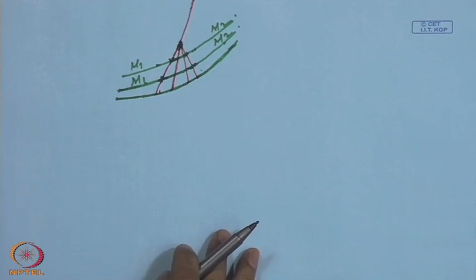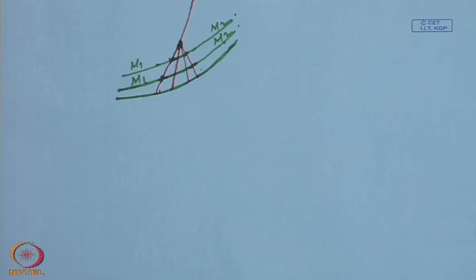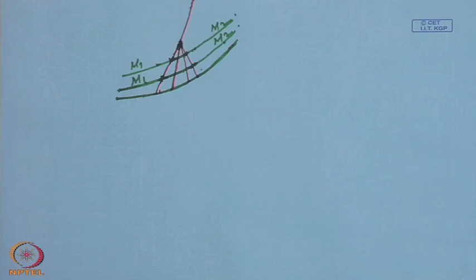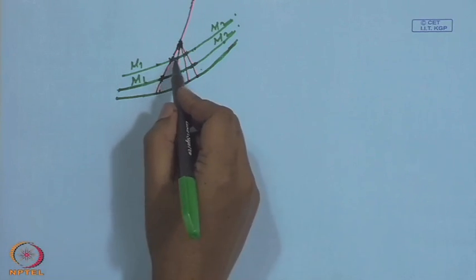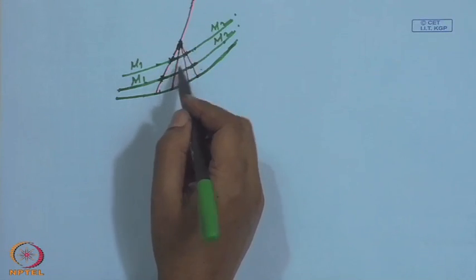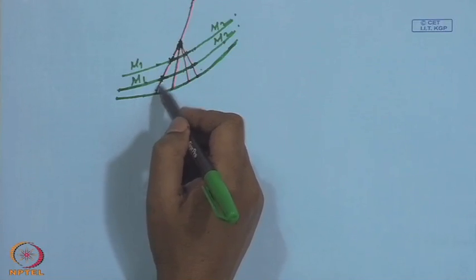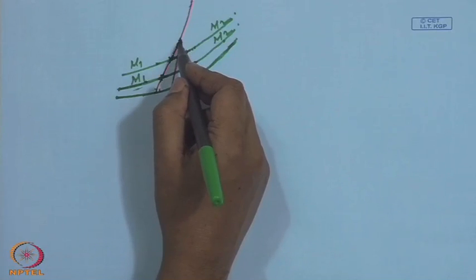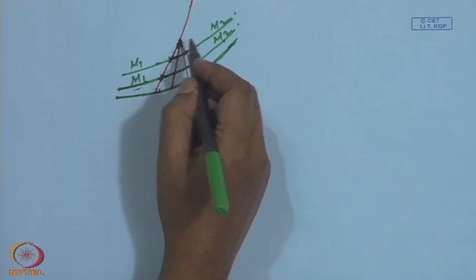Now, since this cannot occur in the region where Mach lines converge and this very high gradient occurs, actually what happens is that the flow which was very nearly isentropic in this part will no longer remain isentropic in this part.